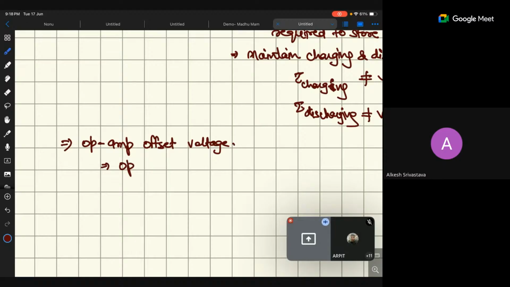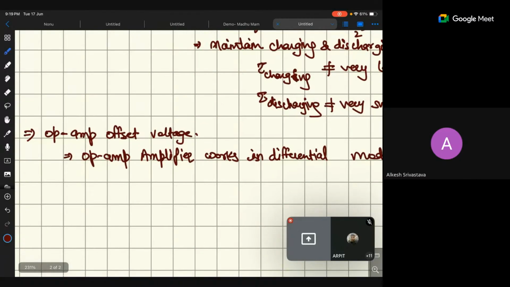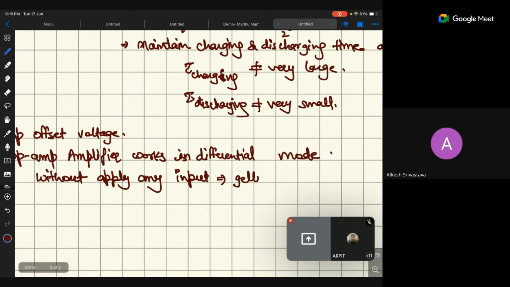When an operational amplifier works in differential mode, in that scenario, without applying any input voltage, we are getting some output voltage. Okay, we are getting some output voltage.